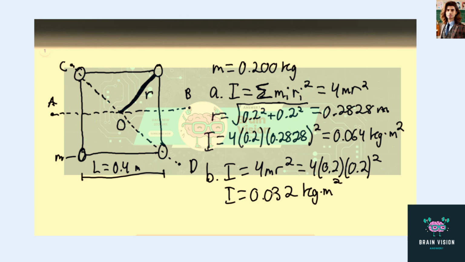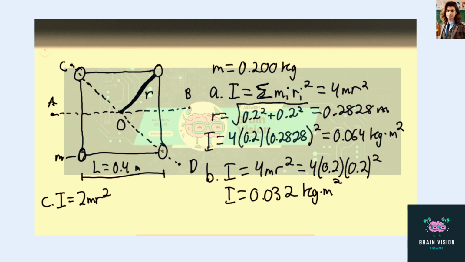And then we find along the diagonal. So along the diagonal, there are two masses that lie on the axis of rotation. So for C, it's going to be even less because it's just going to be 2mr squared. For part C, the distance from this mass to the axis of rotation is r, and from this mass to the axis of rotation is also r.